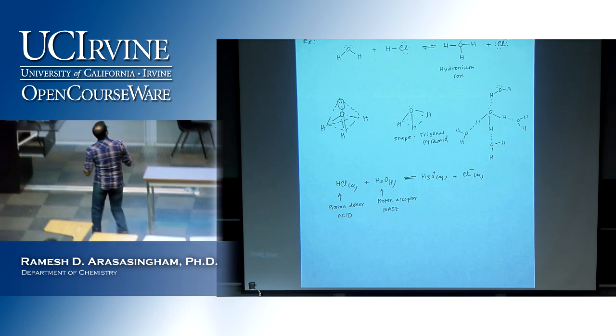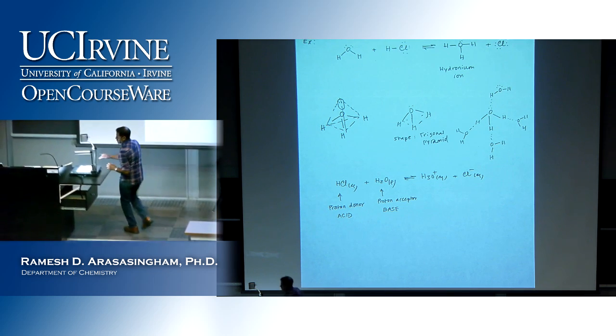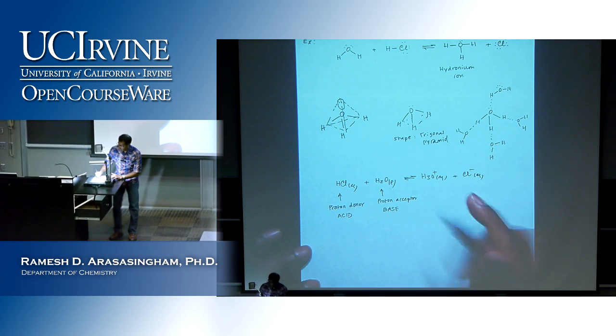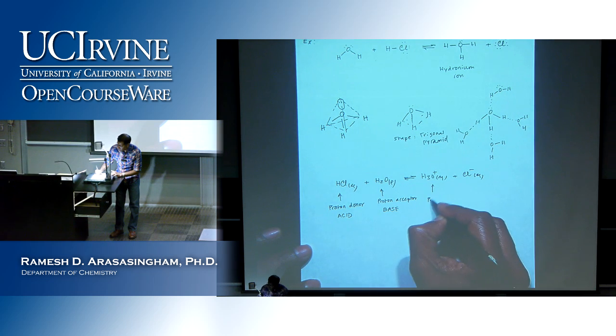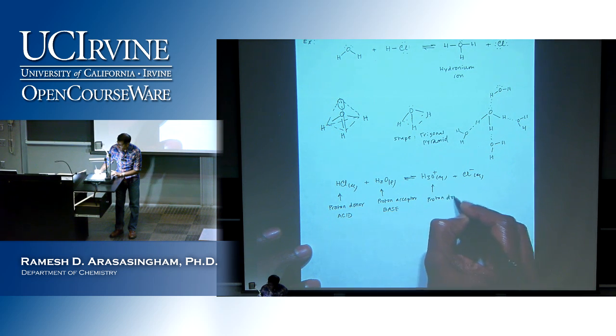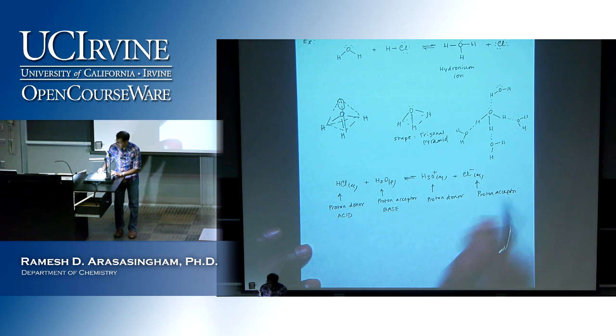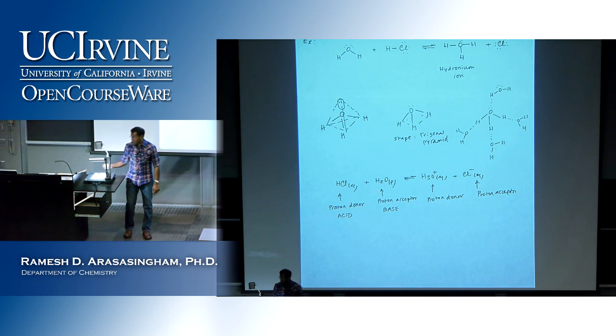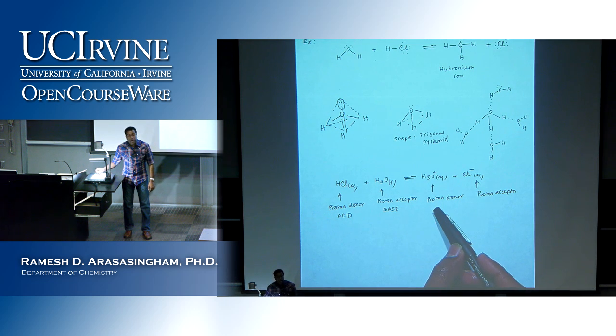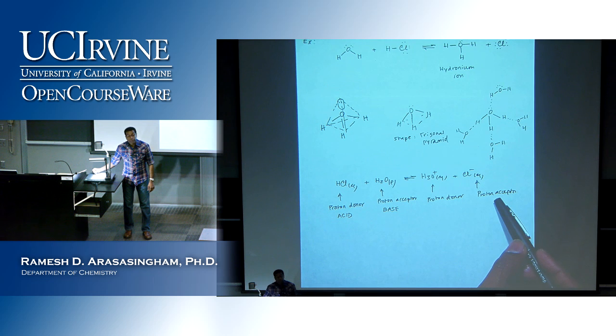If you look at the reverse reaction, can you see that if these two were the reactants, now this would be the proton donor, and this would be the proton acceptor. And therefore, for the reverse reaction, this would be the acid, and this would be the base.